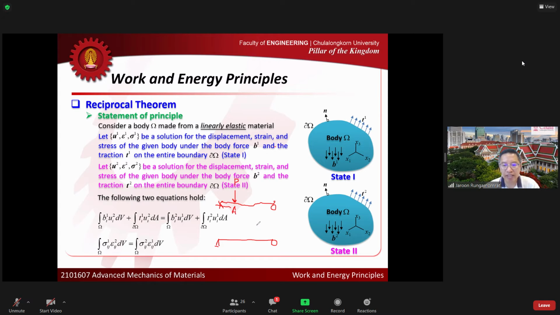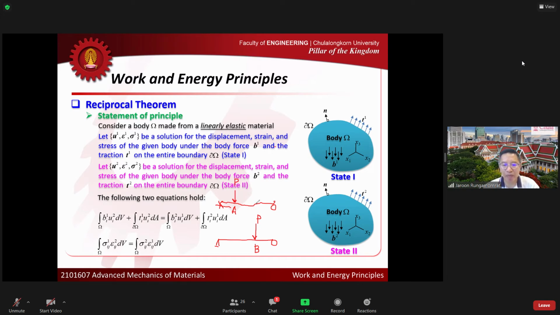And for the second case, the same beam, I apply the same force P, but not at point A. Here, I apply at point B. Okay. The first case, I apply the force P at point A.